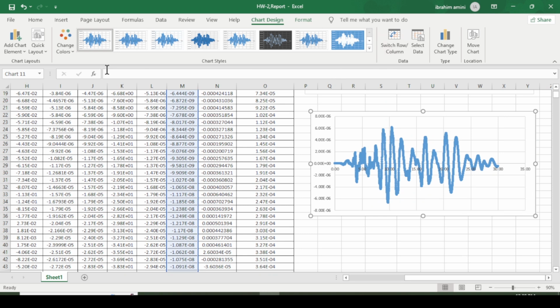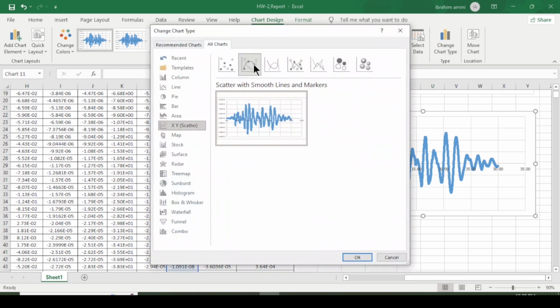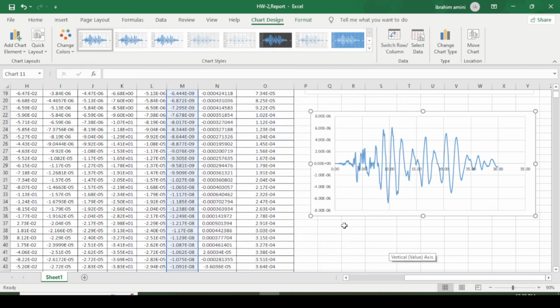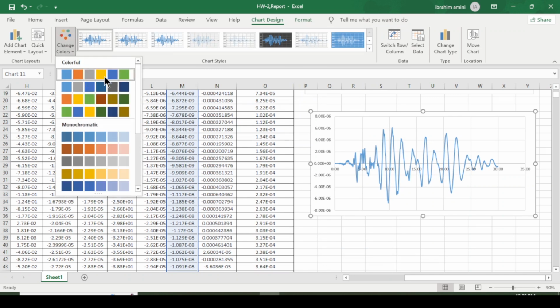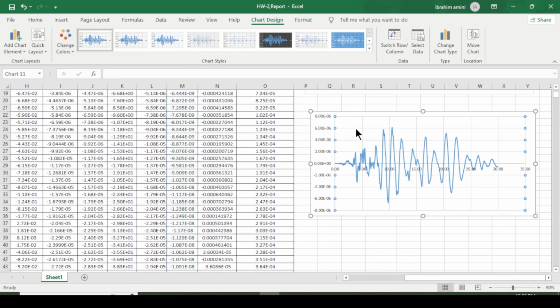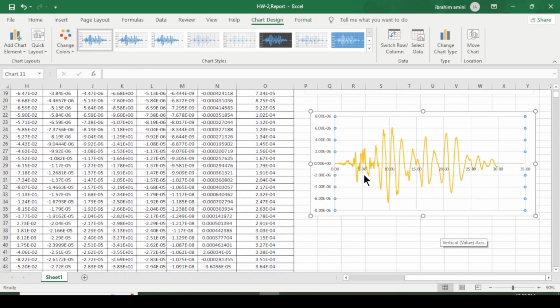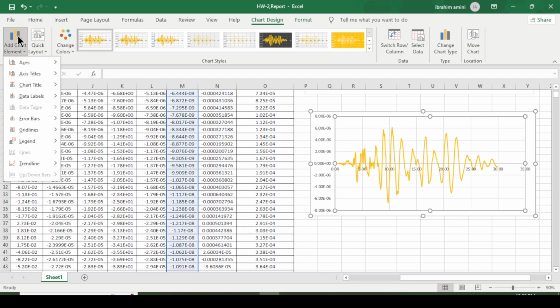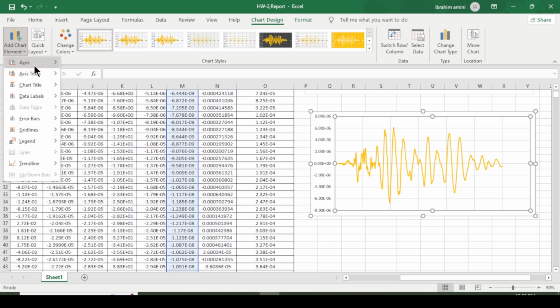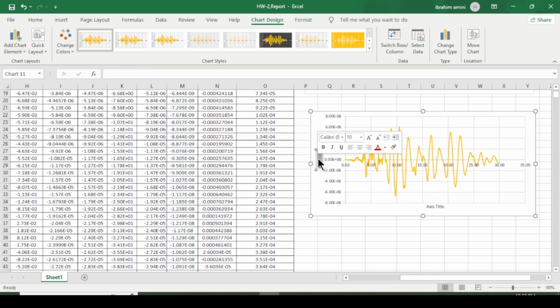Make sure to do some adjustment, select this one and change its color as well. The horizontal axis will be time, which goes up to 4 seconds.